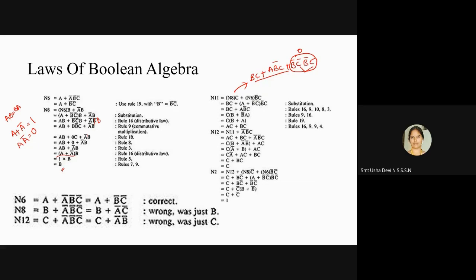And what about this BC plus AB bar C? Otherwise, we take this one as common: AB bar C, BC plus AB bar C, and here if you take C as common, B plus B bar A. And this leads to B plus A.